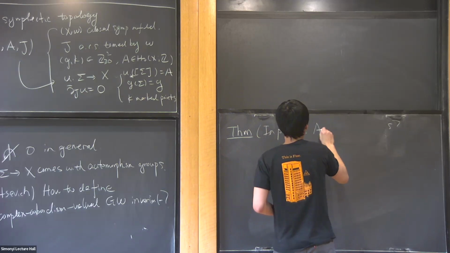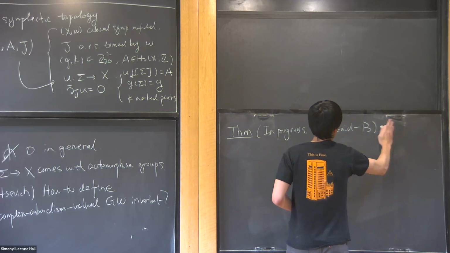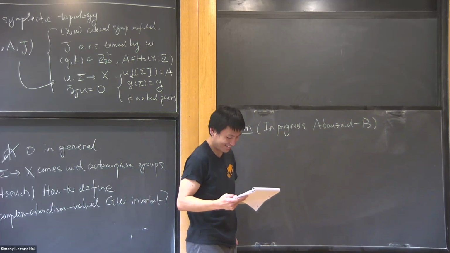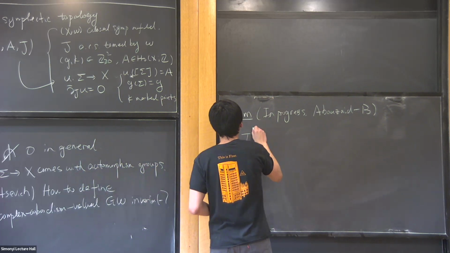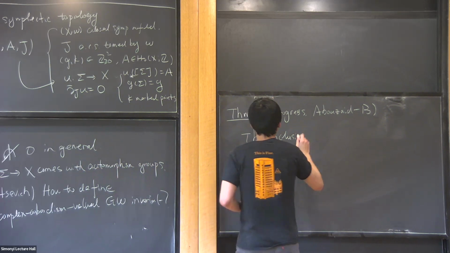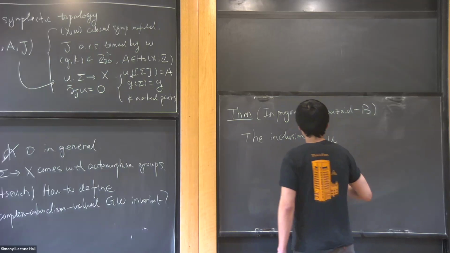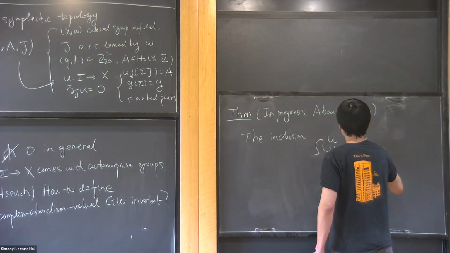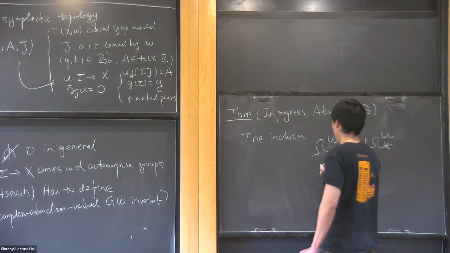This is joint work with Mohammed Abouzaid. This B is not Blomberg. All right, so it says the following. On the inclusion from complex cobordism to this derived version, we take, say, a manifold here.